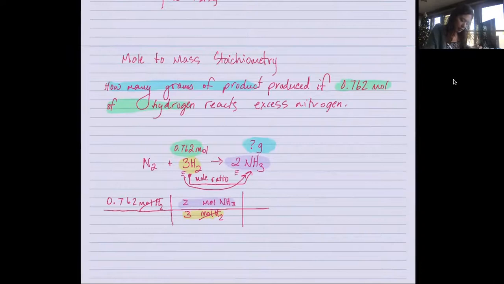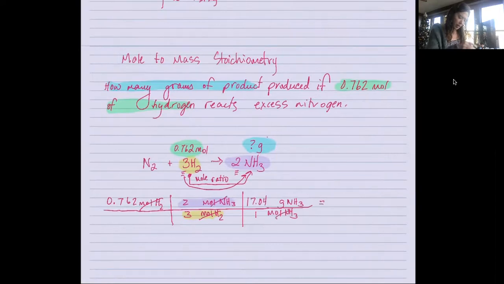I now need to convert to grams because I was not asked for moles of ammonia. I actually need to know the grams of ammonia. This is simply a molar conversion. 1 mole of ammonia has what mass? Well, we need to add that up, and that's going to be 17.04. I just know it, all right?